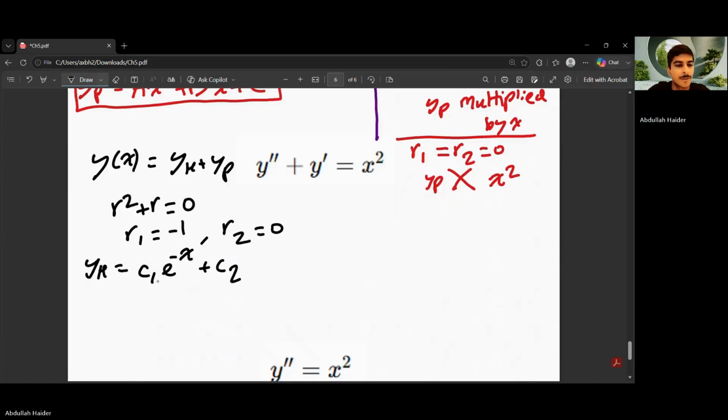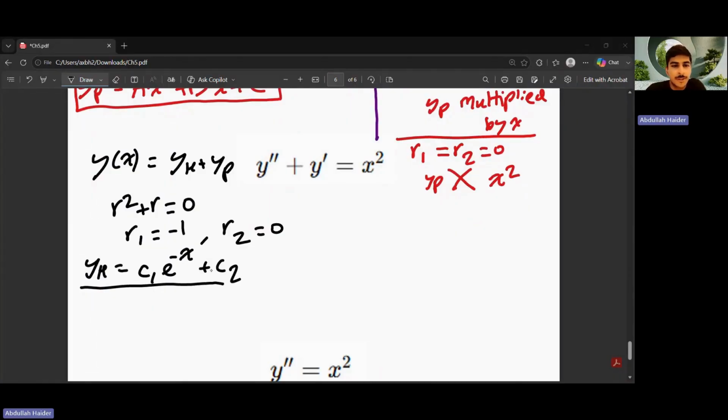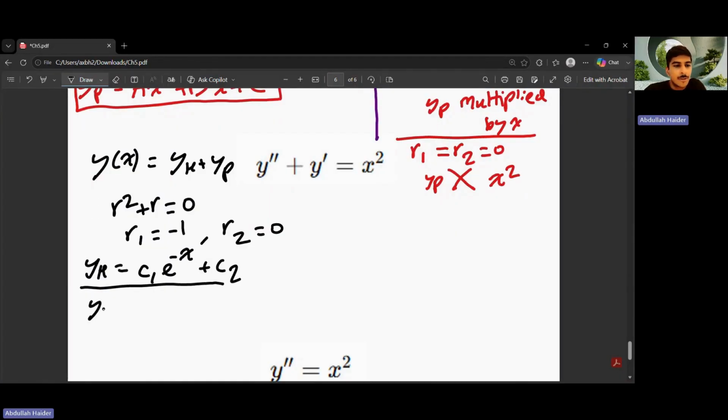This is our yh, and your yp is going to be the highest degree polynomial expression of f of x here. We have x squared, which we can write as ax squared plus bx plus c.